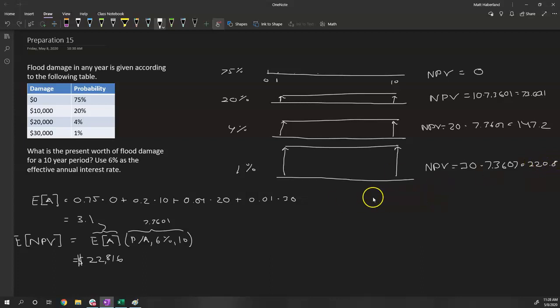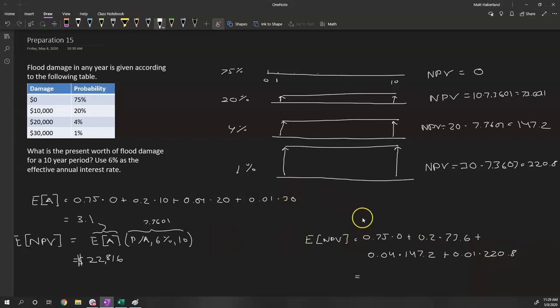So the expected net present value is, we've got a 75% chance of 0 plus a 20% chance of 73.6 plus we've got a 4% chance, 0.04 times 147.2, and we've got a 1% chance of 220.8.